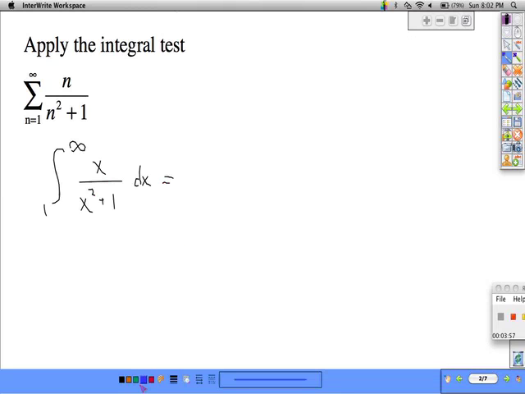And for this we're going to need a u substitution. For this infinite integral, we change it so it reads limit as b goes to infinity, or some other parameter, of the integral from 1 to b of 1 over u du.